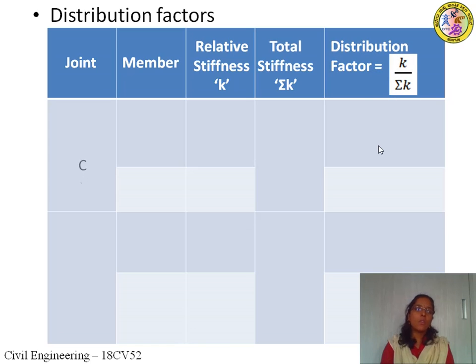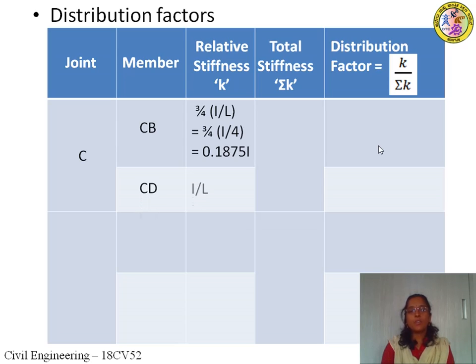Okay, so for joint C we have members CB and CD. For member CB the relative stiffness is 3/4 of I by L. Why? Because the far end B is a simple end. Substituting the values of I and L, the relative stiffness will be 0.1875 I. Next, for the CD member, the relative stiffness will be I by L, and it will be 2I by 6 because the moment of inertia for CD is 2I.